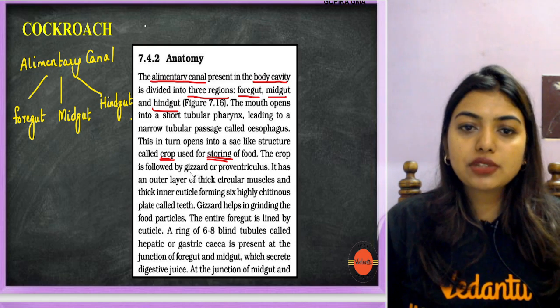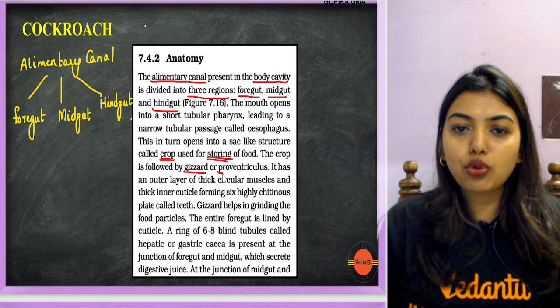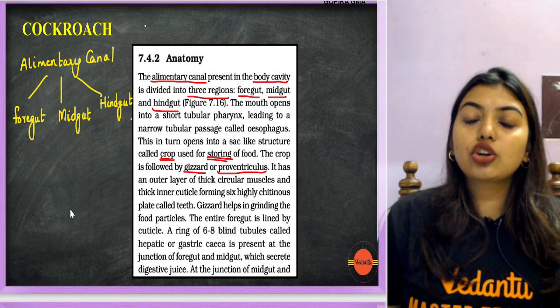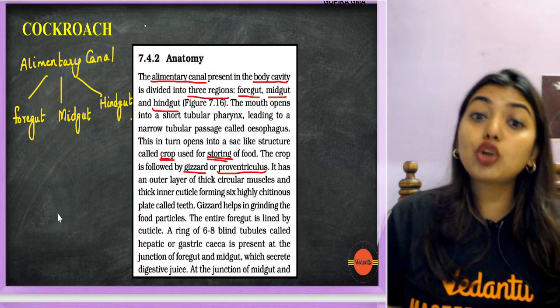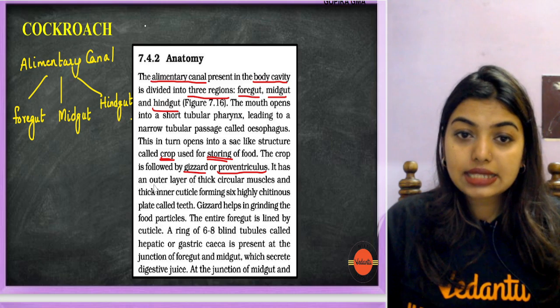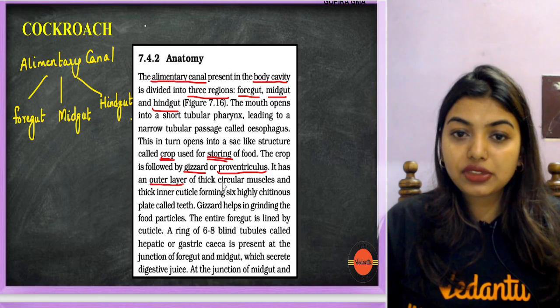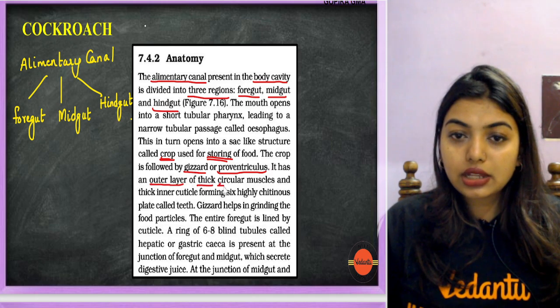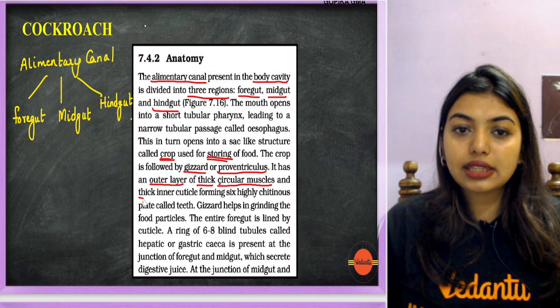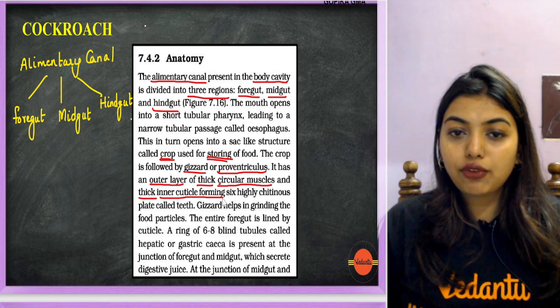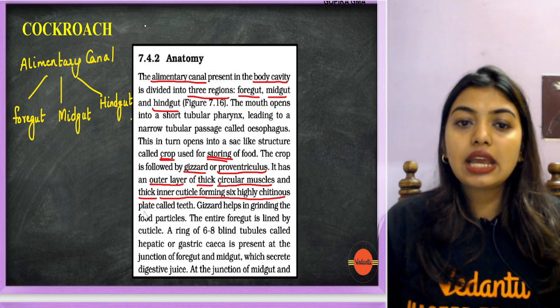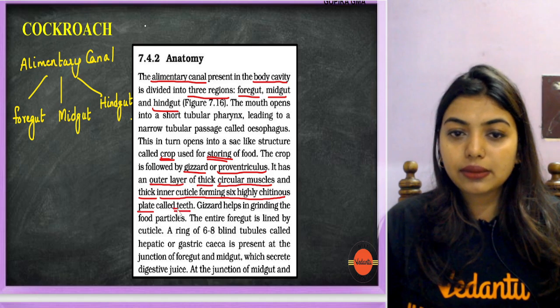Now the crop is followed by the gizzard or proventriculus. It has an outer layer of thick circular muscles and a thick inner cuticle forming 6 highly chitinous plates called teeth.